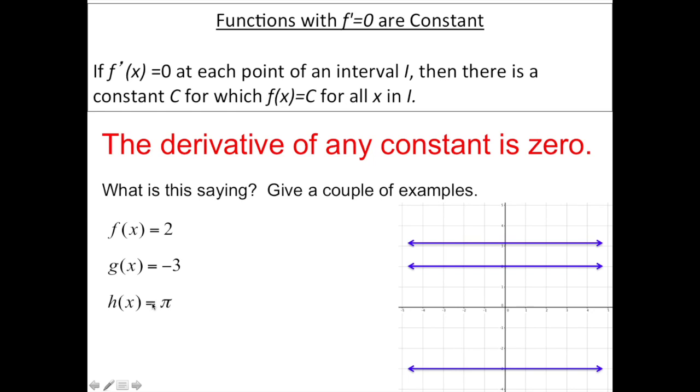Pi is 3.14. That's still just a number. So I draw a horizontal line at 3.14, just a little bit above 3. If I took the derivative of this function, you would say it's 0, and you can see that this function itself has 0 slope. So what we're saying is that if I have a constant function, it's going to have 0 slope. So we can say the reverse is true then. If I have 0 slope, I must have a constant function.